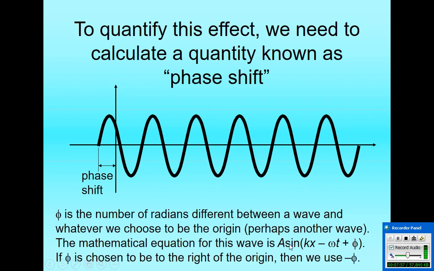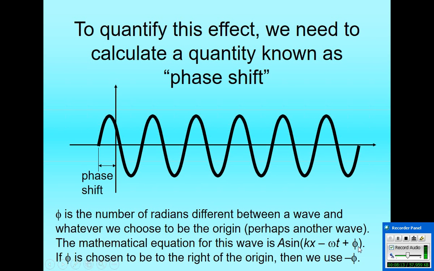If you take a look in the lower right of the slide, you'll see this expression: A sine (kx minus omega t plus phi). Phi is called the phase shift. It's a measurement in radians.